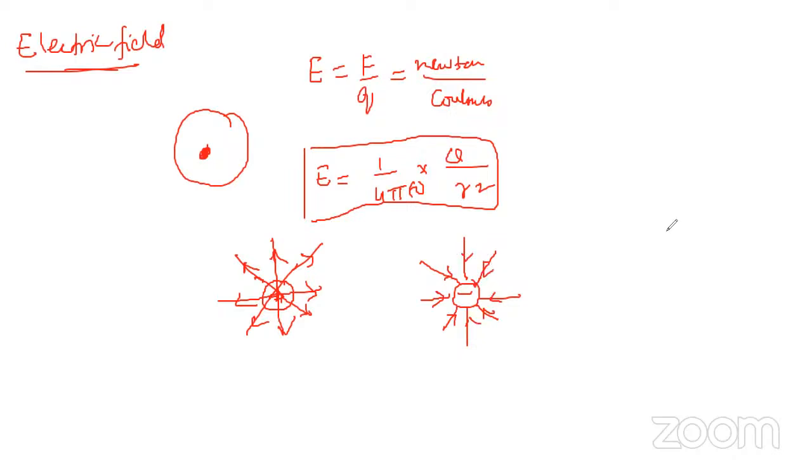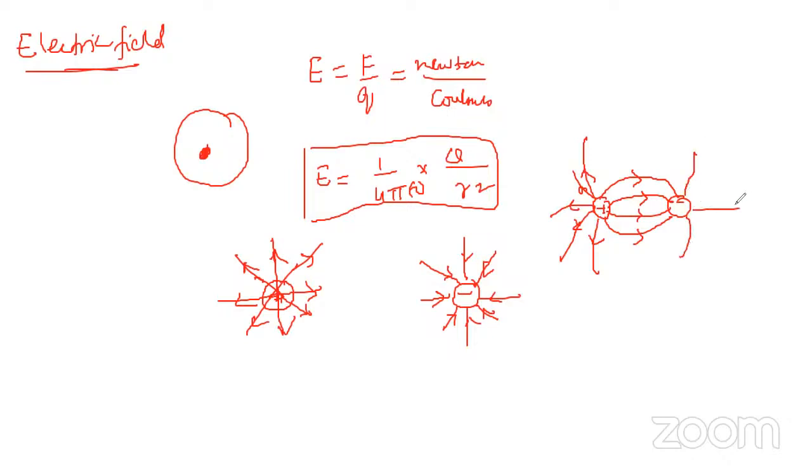And if you have one positive charge and one negative charge near each other, the electric lines of force always go from positive to negative. From the positive charge, the lines of force move away like this, and in the case of the negative charge, the lines of force are towards the negative charge.